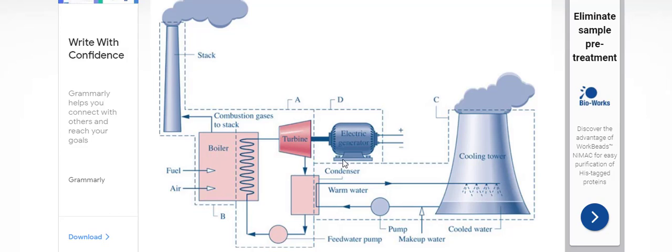Through the turbine, the generator is working, and the remaining steam from this turbine is given to the condenser, which will condense the steam into water by using the cooling tower, and thus the cooling tower gives this liquid water to the pump, and the pump will again feed it back to the boiler.